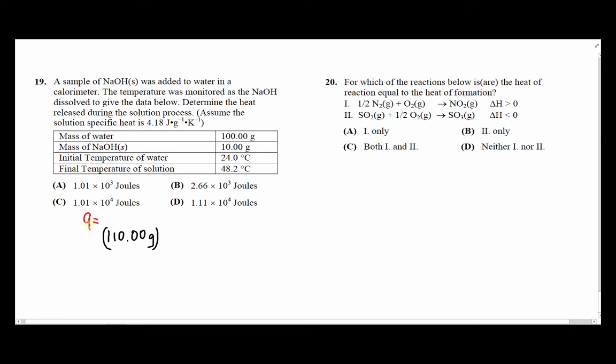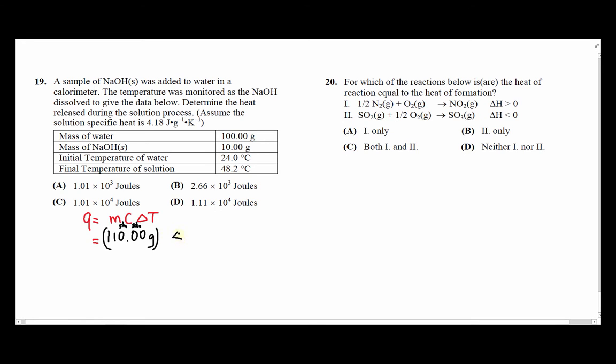The Q, the heat flow, equals mc delta T. M stands for the mass of our system, C stands for the specific heat capacity, and delta T stands for the change in temperature. Normally any time you see the delta, it's the final minus the initial. So we have the mass of solution, the heat capacity for the solution, and the temperature.